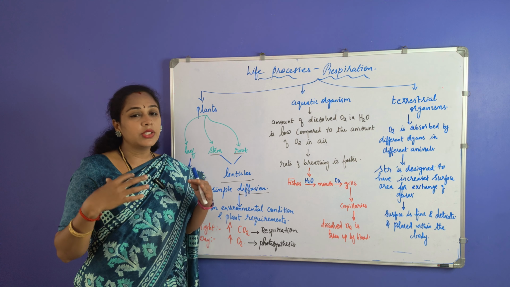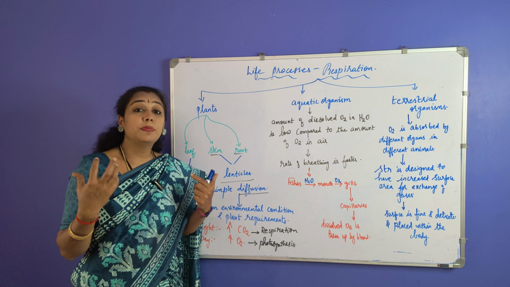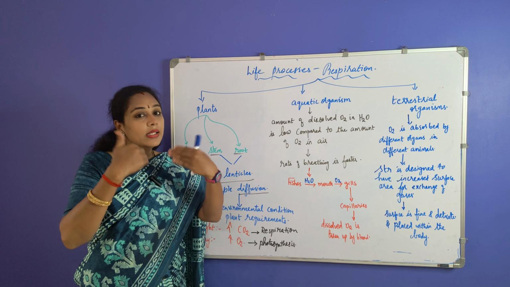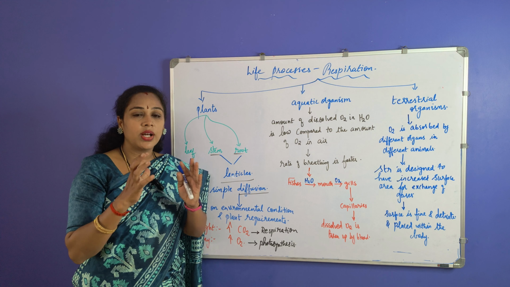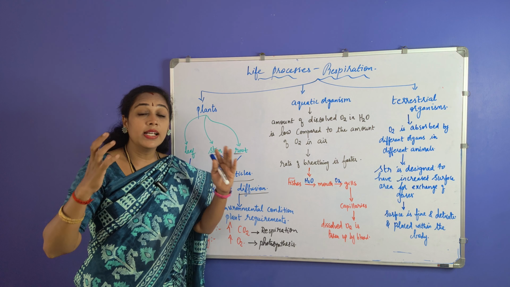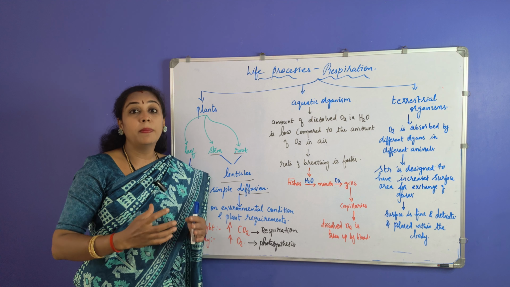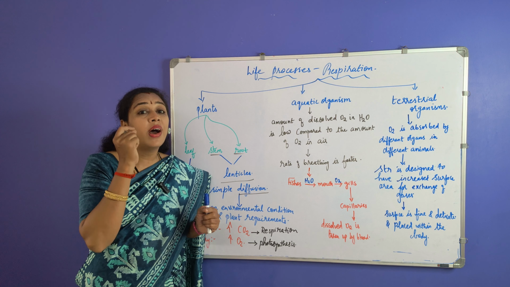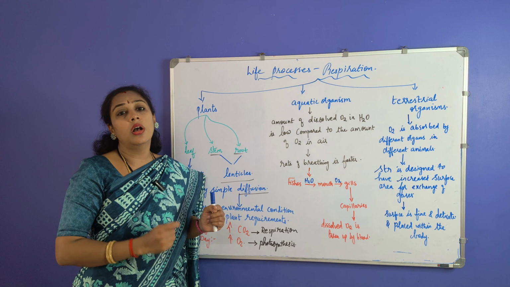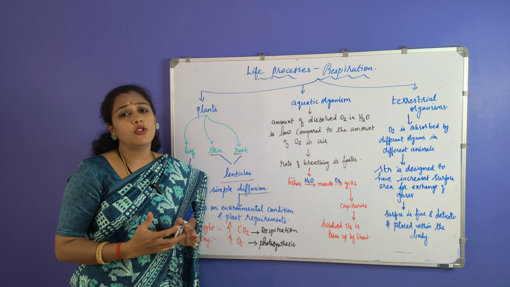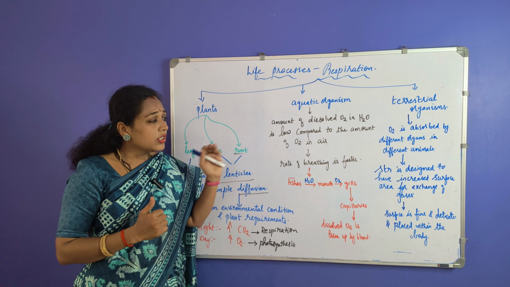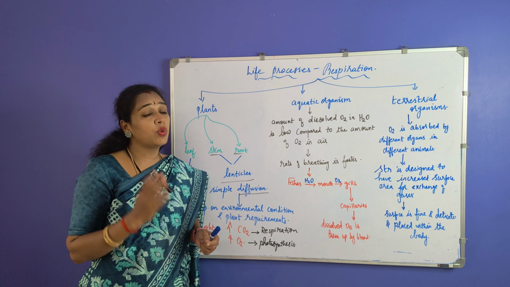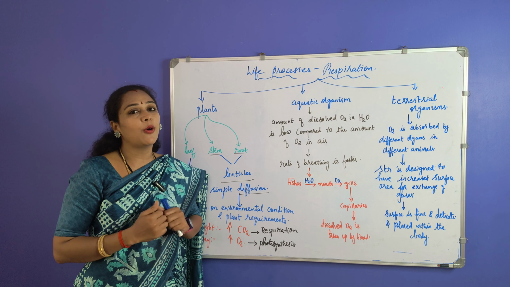These organisms present in the terrestrial region have specially designed organs which are mostly present internally inside the body, and these structures have space, and the surface area will be more for the exchange of gases to take place, and they are fine and delicate structures that allow this kind of exchange of gases to take place. So under terrestrial organisms, we have a range of organisms, but we will discuss human beings. How do humans respire?